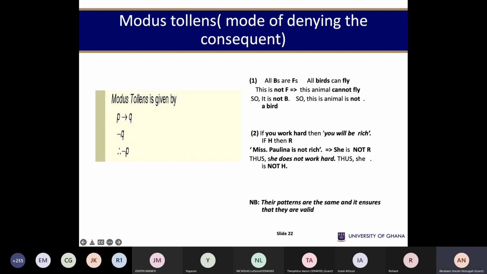So she is not R. Based on what we said, it means that she did not work hard. If you work hard, then you will be rich. Sorry, you are not rich, so you did not work hard. This is what we are saying, and this is the correct pattern for modus tollens.